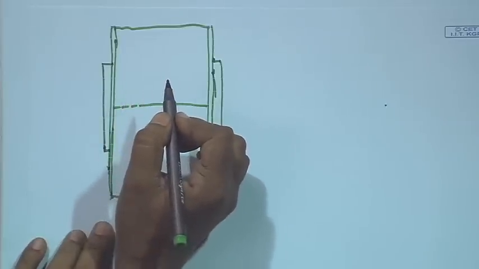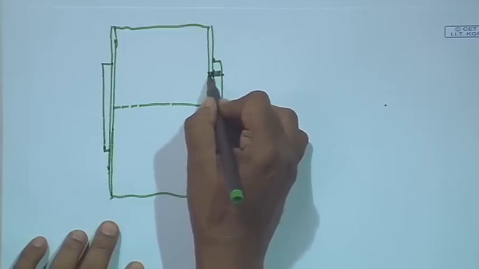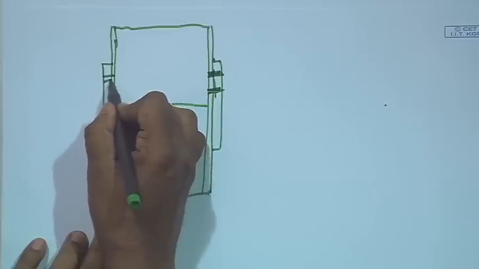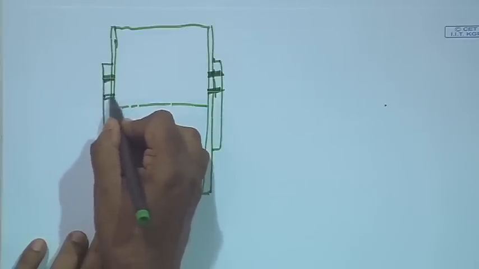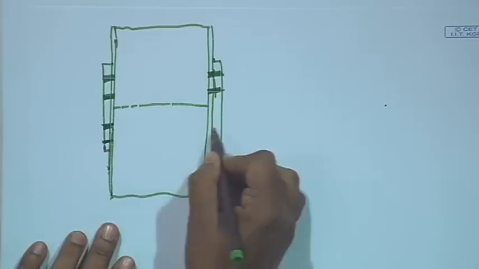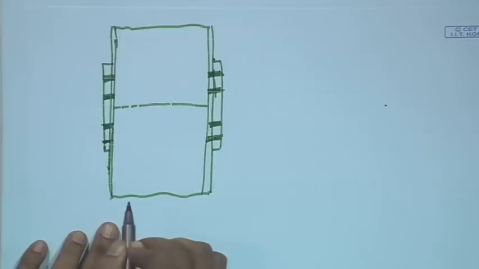So, we have provided 2 bolts each. So, this is one bolt, this is another bolt, similarly this is one bolt, this is another bolt. So, total 4 bolts at each side, right, at the flange.